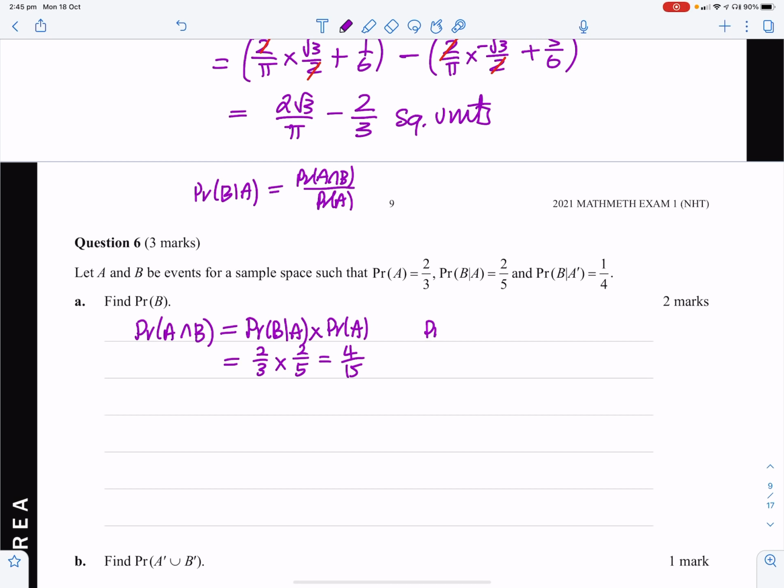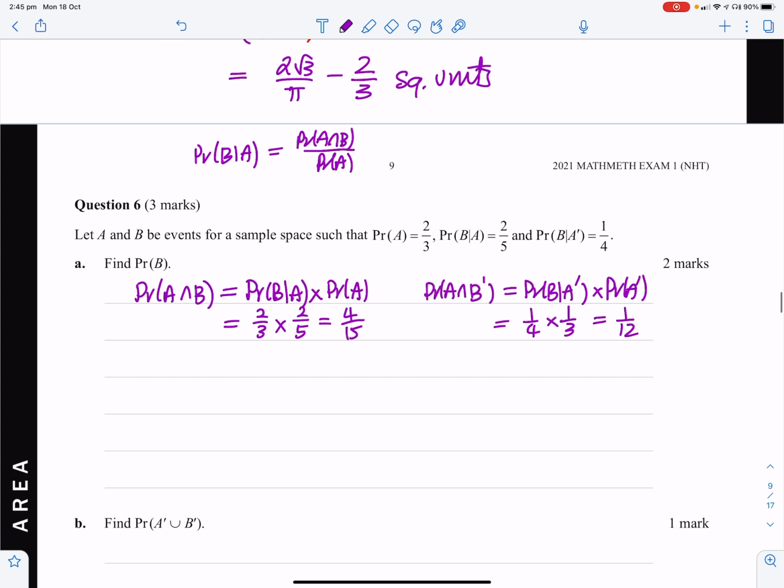The probability of A intersects B not is the probability of B given A not times the probability of A not. We know that's 1/4, and we know the probability of A not is 1/3, so that is 1/12.